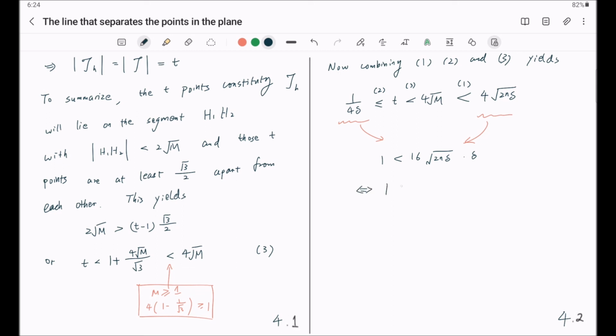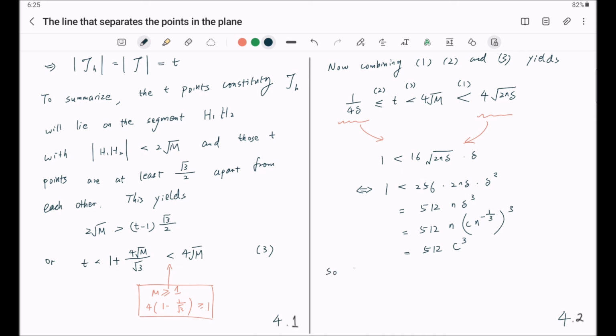This is 1 less than 256 times 2n delta times delta squared, which is equal to 512 times n delta cube. But remember, delta is c times n raised to the power negative 1 over 3. This is 512 times c cube.